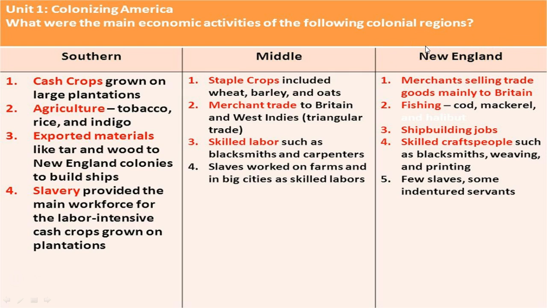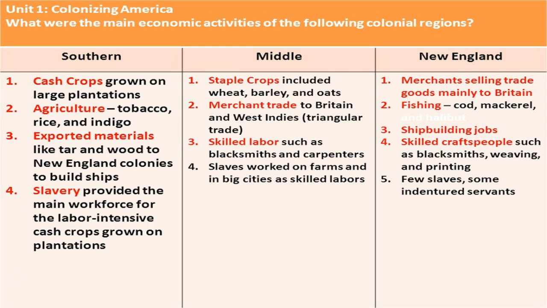Alright, if we look over all the way to the right, we'll notice that New England doesn't have a lot of things as far as farming goes. In fact, they don't have any, because farming is a weakness of the New England colonies. They don't have the nice soil like the middle or the southern colonies. New England has this rocky, difficult-to-farm soil that can only sustain basic farms for people to live off of.